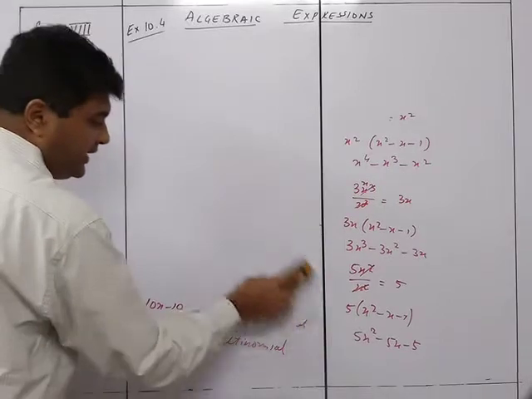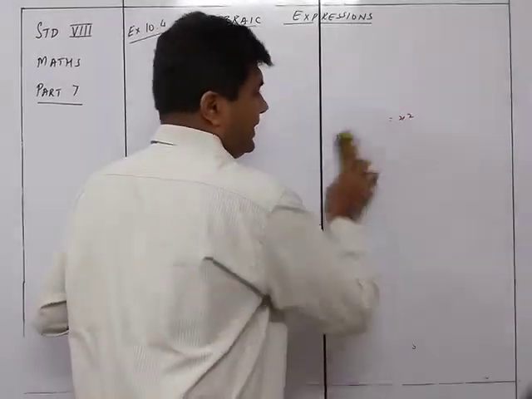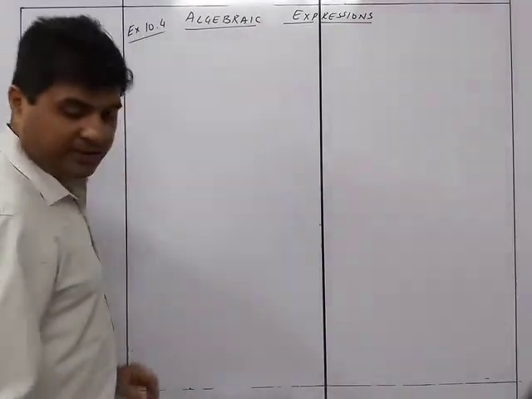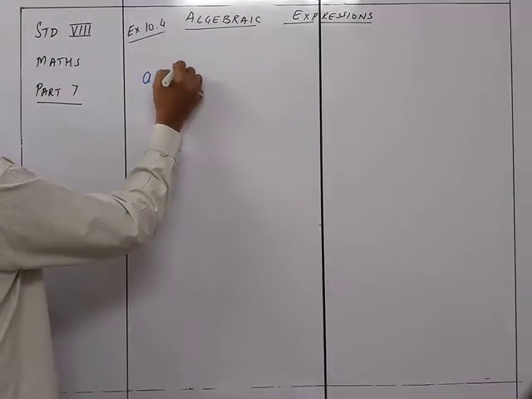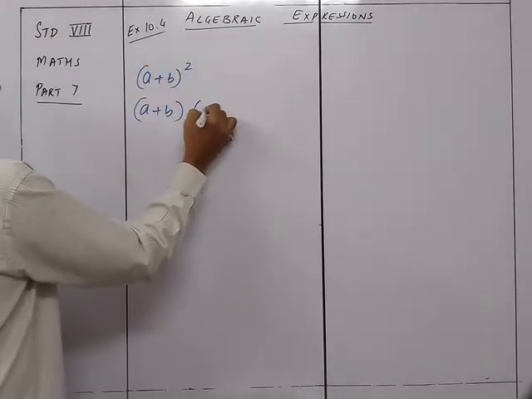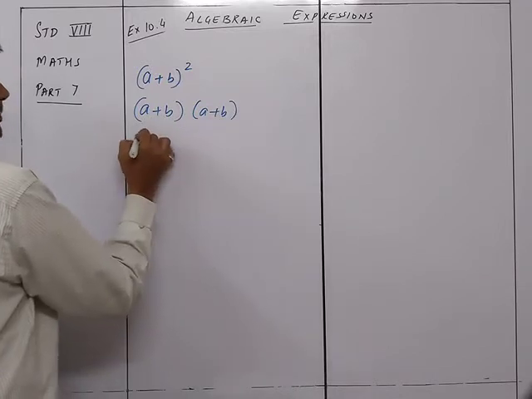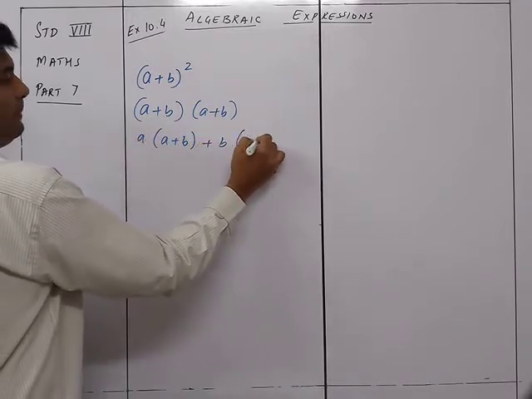So if you see this, these are called identities, and the identities come into picture in the form as, if I take a plus b the whole square, it is actually a plus b into a plus b. So that is nothing but a into a plus b into a plus b.